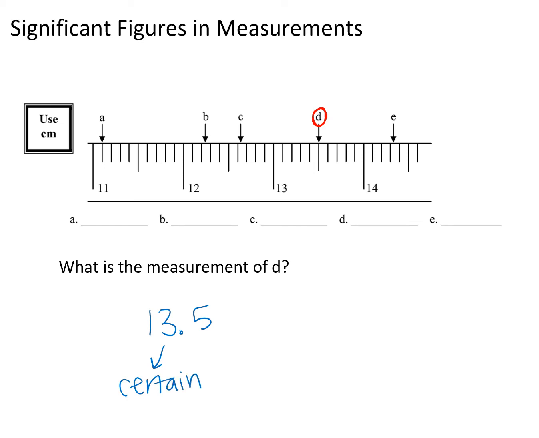So I'm going to go ahead and estimate that digit as a 0, because to me, that arrow looks like it's pointing pretty spot on to the 13.5. You could have made your estimated digit a 1, or maybe even made the recording as 13.49 versus 13.50. Any of those things would have been appropriate measurements.